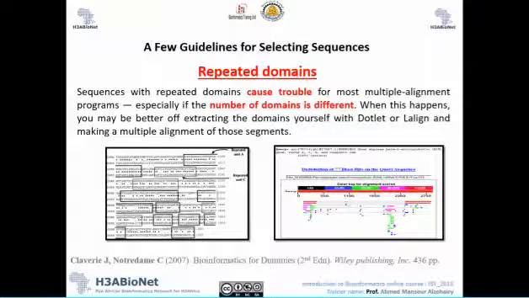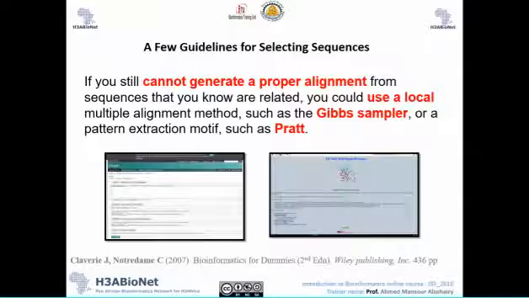Always try to avoid sequences that have repeated domains, unless you don't have any other choice. But try to avoid them whenever possible, because they cause trouble, especially if the number of domains is different. If after all of what we said before you still cannot generate a proper alignment, you can use local multiple alignment methods such as Gibbs sampler or Pratt.